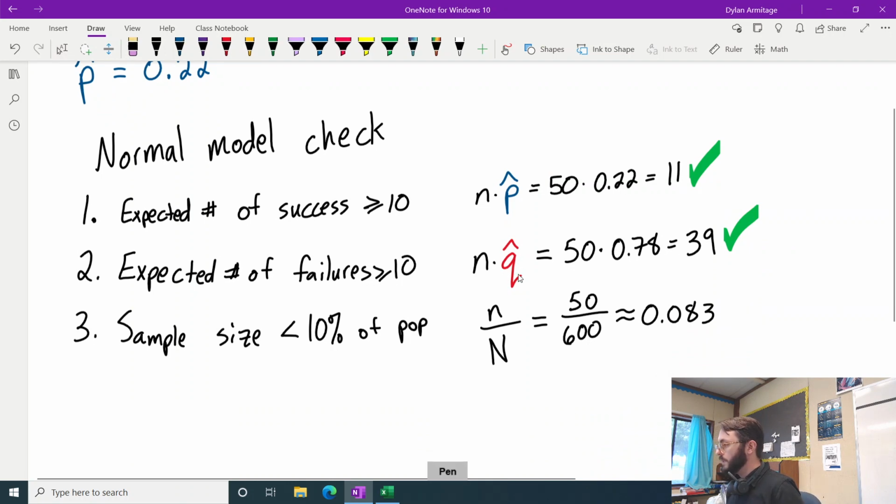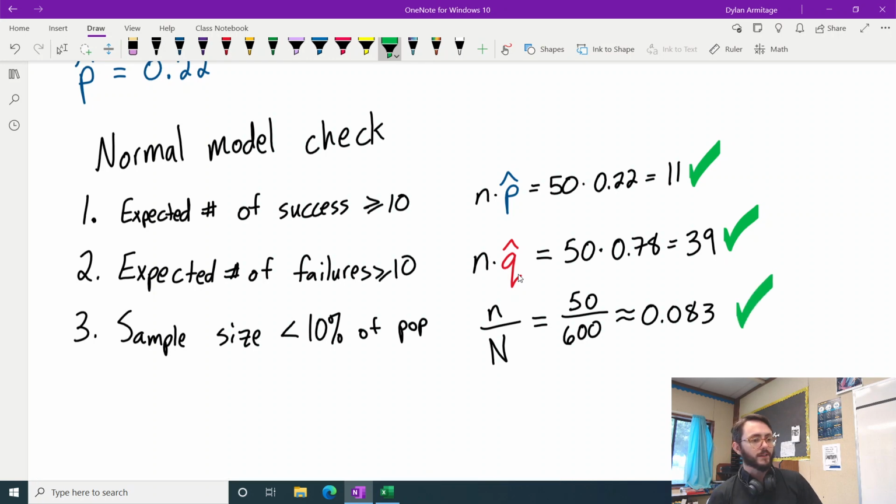So, yep, all good there. So we've met all three conditions for using the normal model to create our confidence interval. So we may proceed. These are the values that you'll enter into your form.